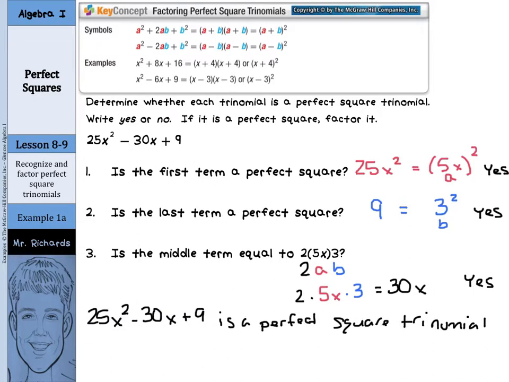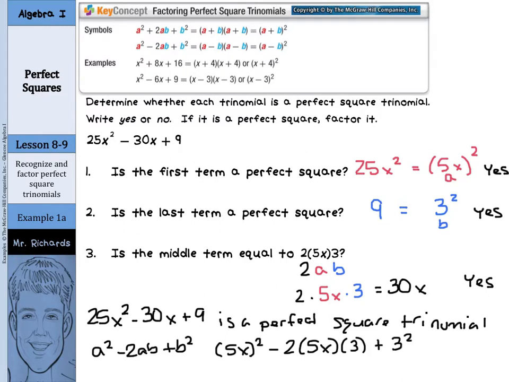Now, if I rewrite this using the a squared minus 2ab plus b squared, I would have 5x squared minus 2 times that 5x times 3 plus 3 squared. And that factors using our pattern into 5x minus 3 squared. And that is my solution.